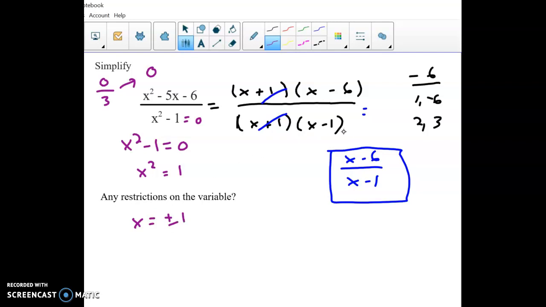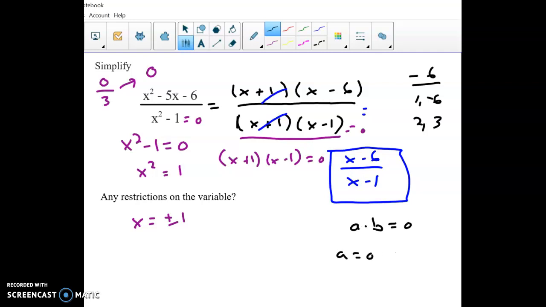Or oftentimes I like to use factored form. So if I use this form over here and say, when is that 0? Sometimes that's easy. We have x plus 1 times x minus 1 equals 0. And we can use that 0 product property here, which says if something times something else is 0, either the first part has to be a 0 or the second part has to be 0. Right?